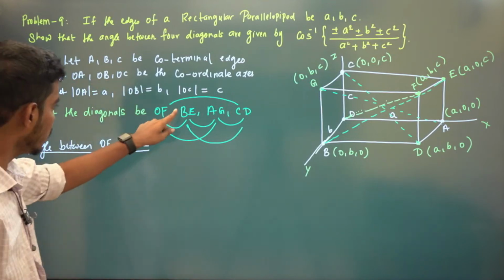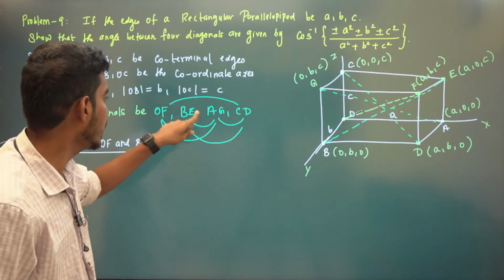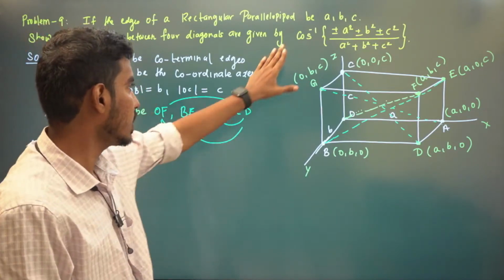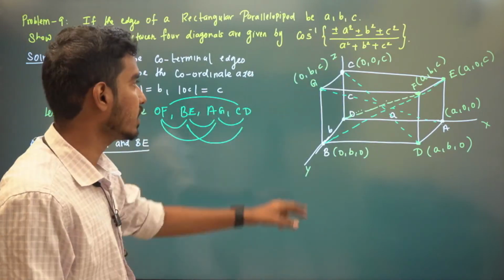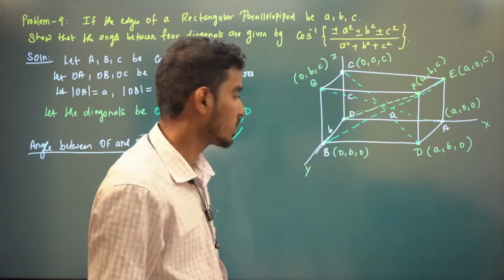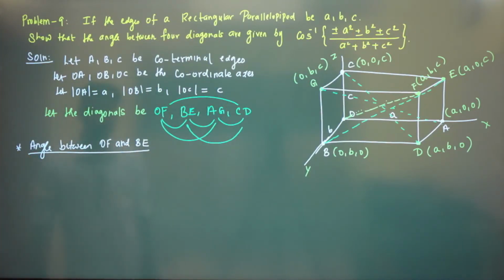Similarly, we need to find the angle between BE and AG, AG and CD, CD and OF, OF and AG, BE and CD. We need to find six angles, and all these six angles are of this type only. It can be plus or minus.